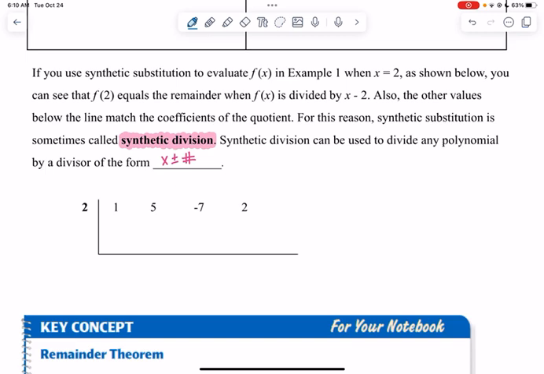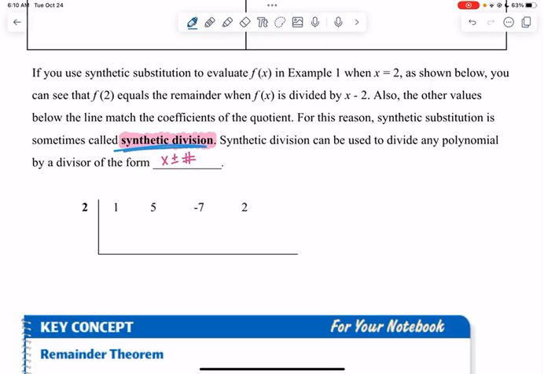So the synthetic substitution that you guys learned a while back to evaluate functions, you can use that same idea for dividing polynomials. So you can't divide every single polynomial using synthetic division, but if you are dividing by a linear polynomial with coefficient 1, you can use synthetic division.